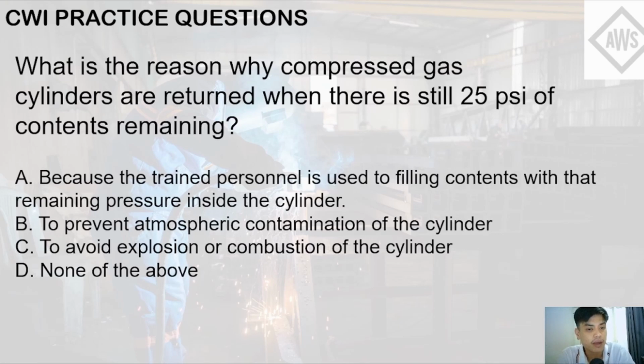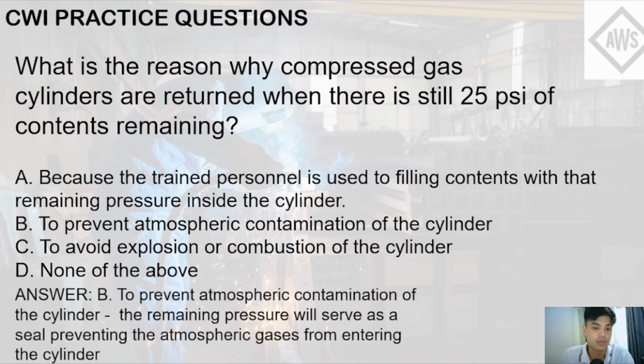This might be problematic, but in order for the cylinder to explode, it needs a source of heat. So in this example, there is none. Letter D, none of the above. So the answer here is letter B. To prevent atmospheric contamination of the cylinder, the remaining pressure will serve as a seal, preventing the atmospheric gases from entering the cylinder.